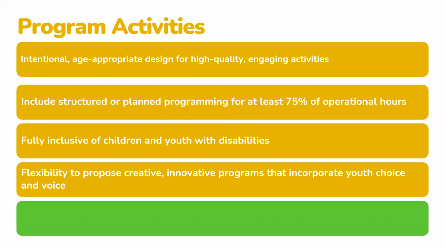Okay. So we talked about population and sites, and now we're really getting into the program design. All these different pieces do come together and are part of program design, but the program activities is really the space where you are able to tell us what programming for these participants will look like.